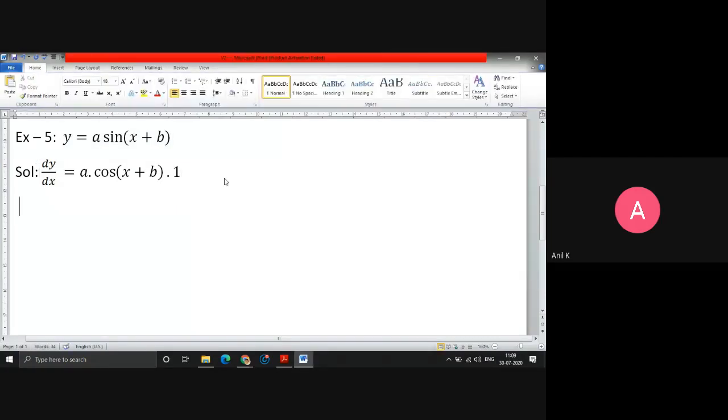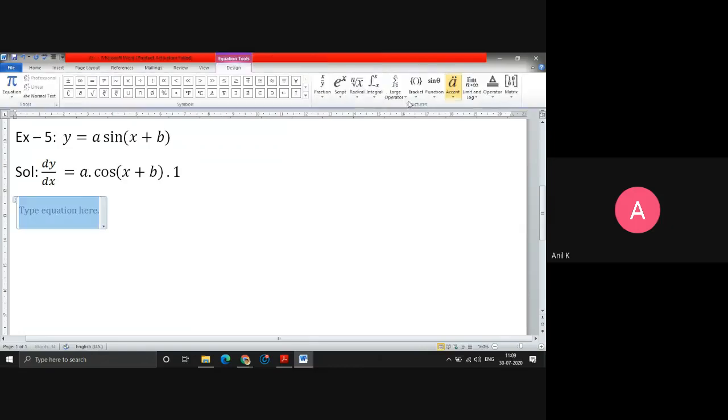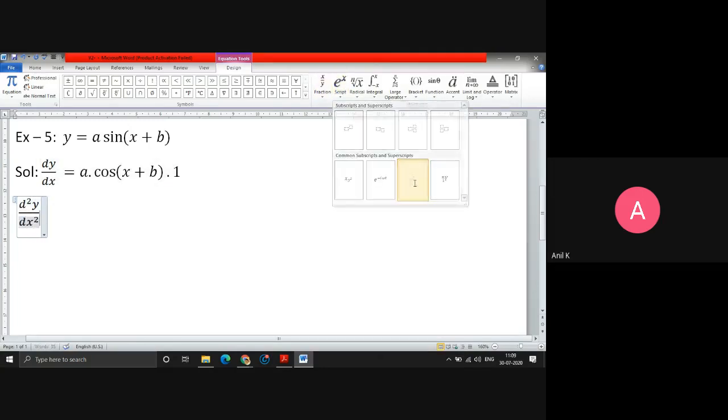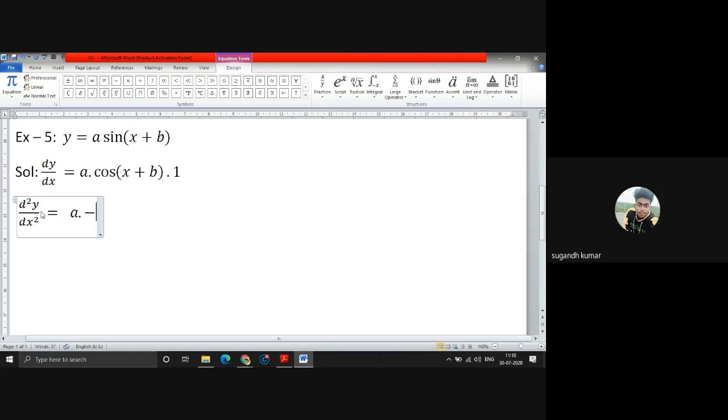Now the second time I do the differentiation, because there are two arbitrary constants, so we have to differentiate twice. The second differentiation gives d square y upon dx square, which equals a into the derivative of cos (x plus b), which is minus sine (x plus b), into the derivative of x plus b again, which is 1 only, so no need to write it.